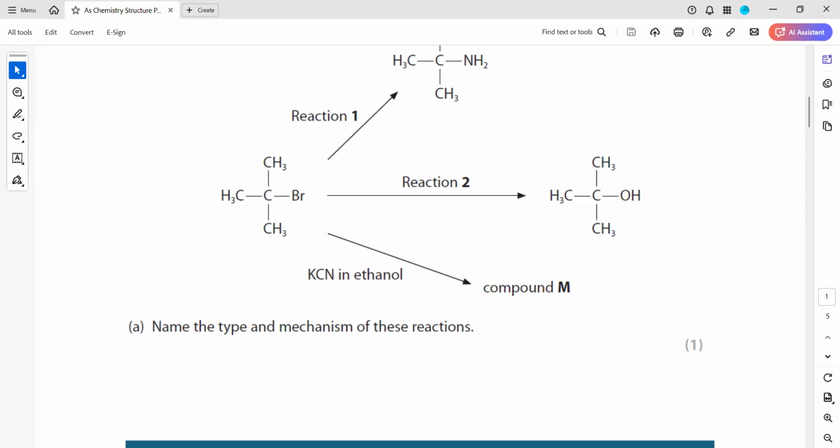So we have to state the type. What is the type of this reaction? It is nucleophilic, and the mechanism is substitution.